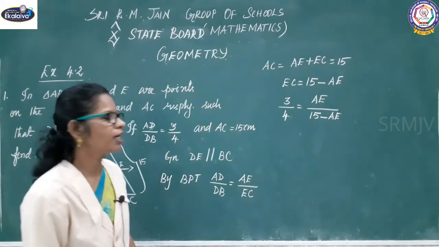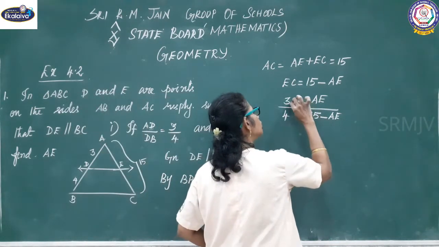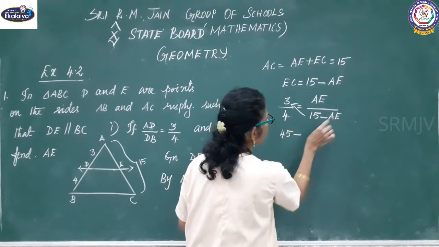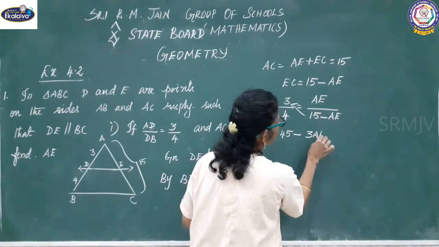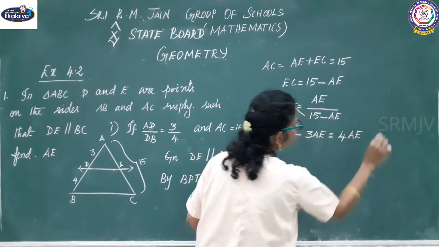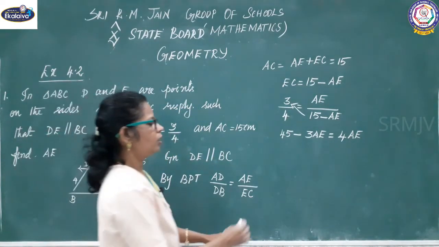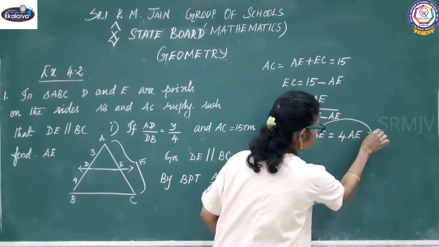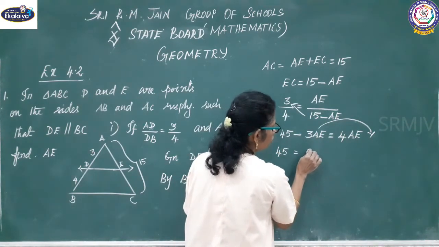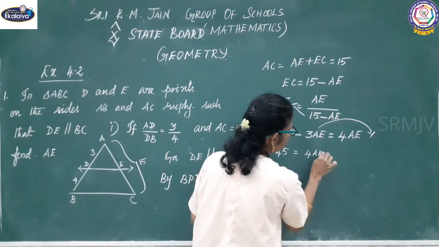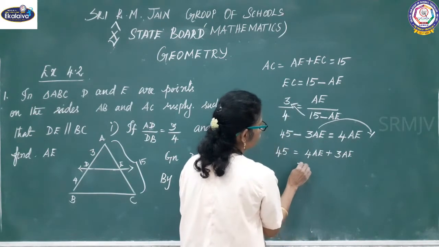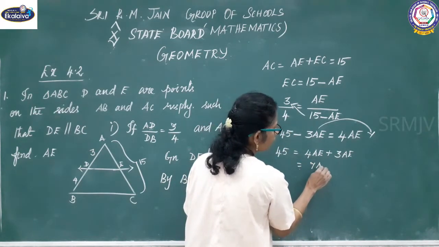Now, you have to cross multiply. 45 minus 3 AE equal to 4 AE. Now, 45 equal to 4 AE plus 3 AE, which is equal to 7 AE.